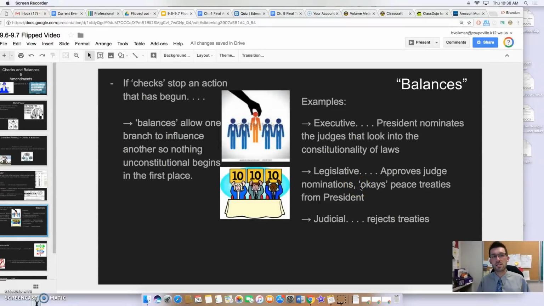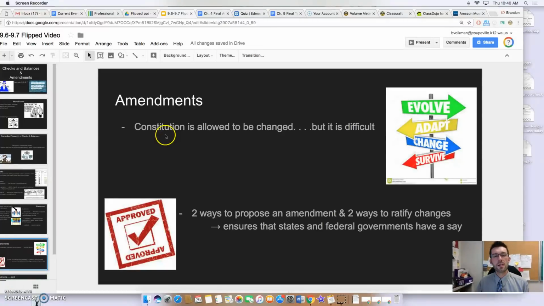So again, here's the legislative balancing out the executive and the judicial branch to make sure that things are okay before something bad begins. Finally, we have the judicial branch, which can reject treaties outright, even before something bad can happen with those.